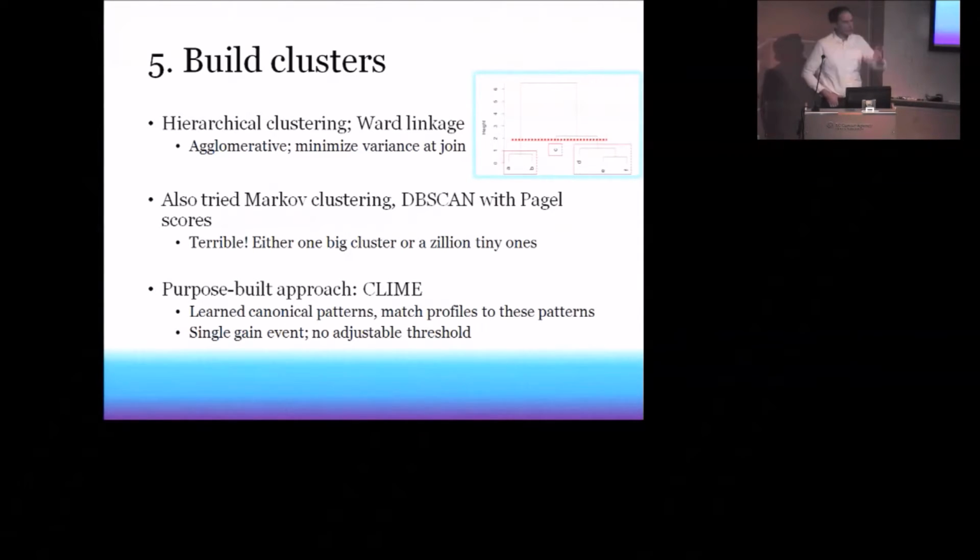The two that matter most: Xiaoyue tried hierarchical clustering, which is really simple. It says we start with each profile as an independent unit, and then we look at similar profiles, and we start to cluster them. So, you know, you and I are really similar, so we're going to merge quickly. We use the word clustering criterion, which is one way of deciding which things should be put together.